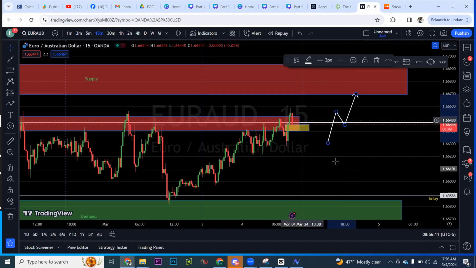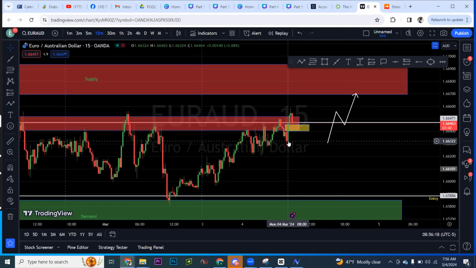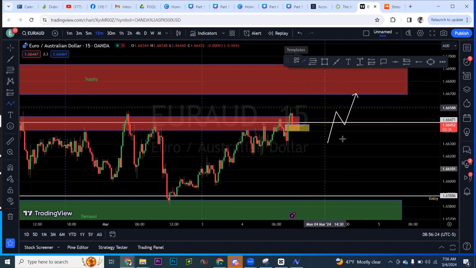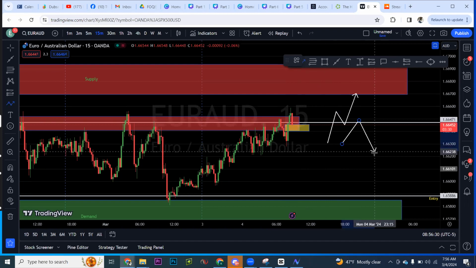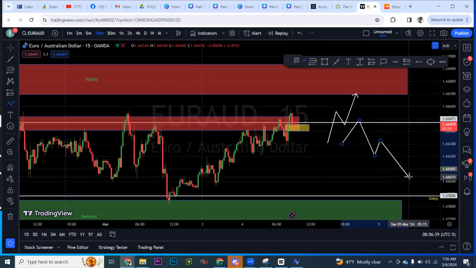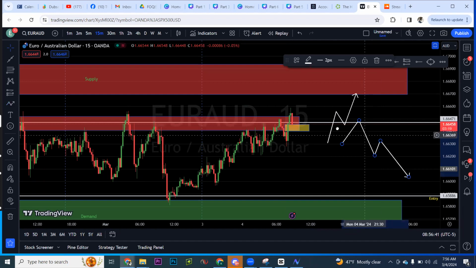If price closes below this imbalance, so the candle body closed below, but it's a full body below this yellow area, it can create an inverse imbalance move. So we'll look for that move to go up like it just did, pull down through the imbalance, boom, pull back up to the imbalance and drop.